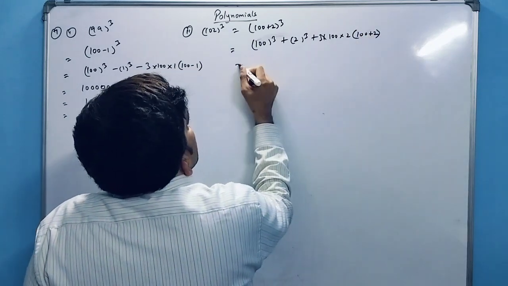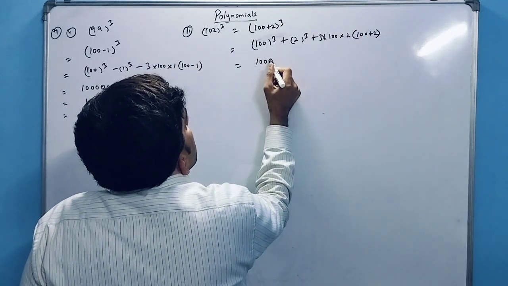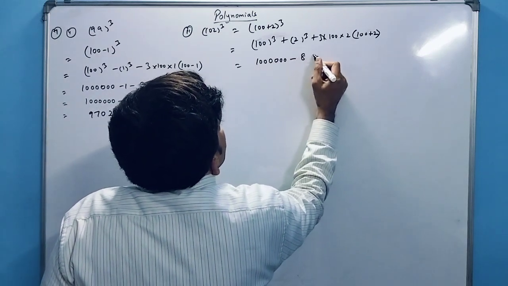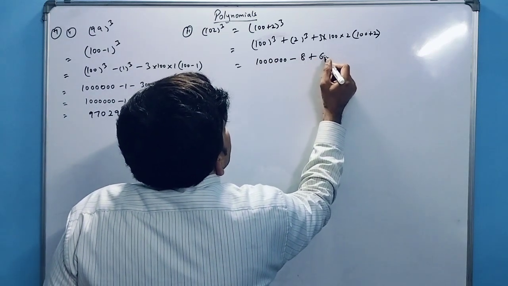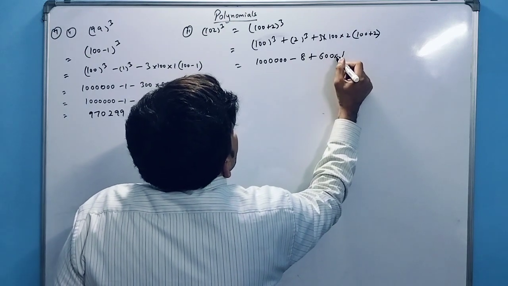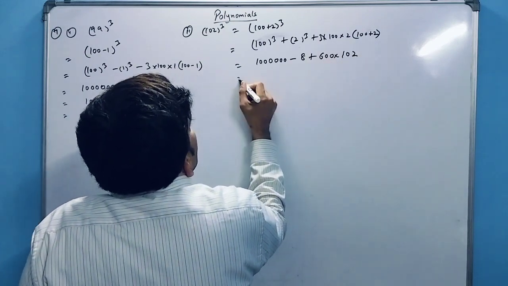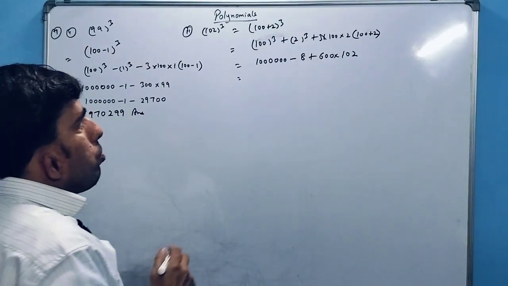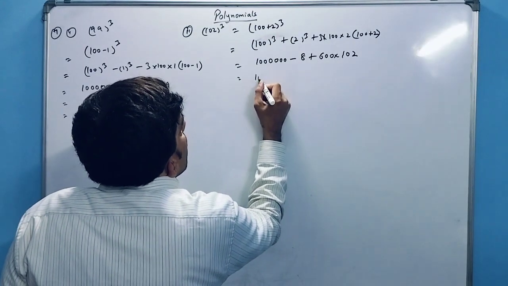Okay. So now 1,000,000 plus 8 plus 600 into 102. Okay, so that is, now I got 100 plus 2, so we can now easily sort it out.